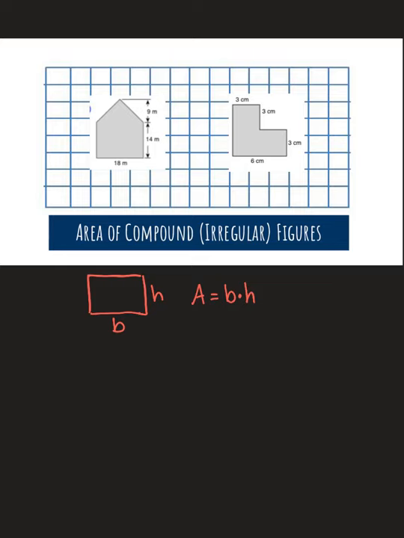We've also talked about the area of a triangle, and we found through our activity lab that the area of a triangle is the base times the height divided by 2. We've also discussed the area of parallelograms, and again, that being the base times the height.